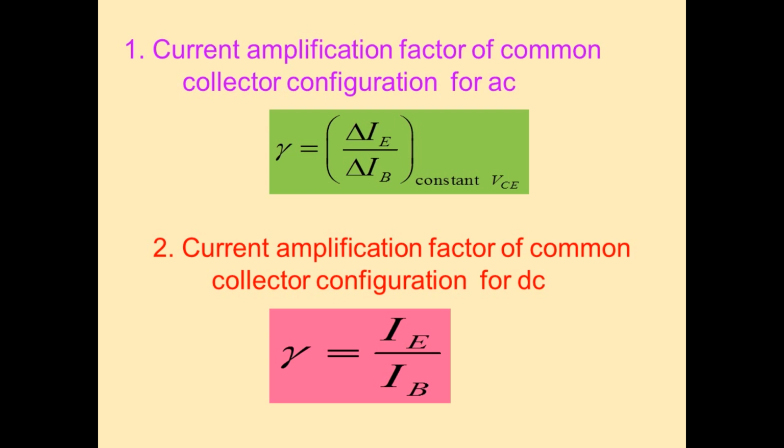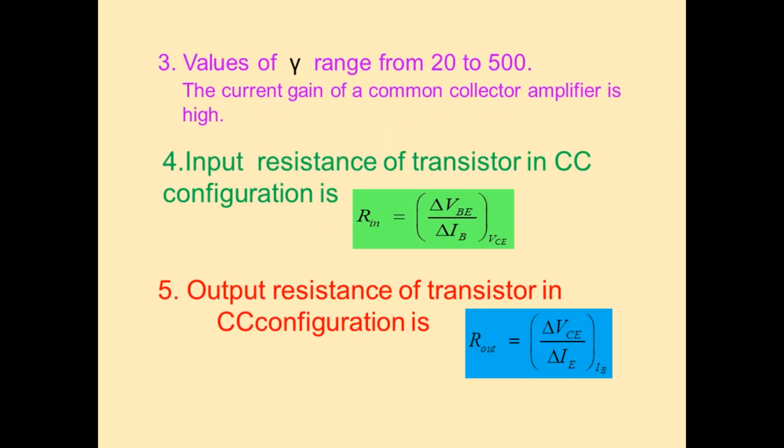Gamma is very high in the case of common collector configuration. So current amplification is very high. The values of gamma range from 20 to 500. The current gain of a common collector amplifier is very high.